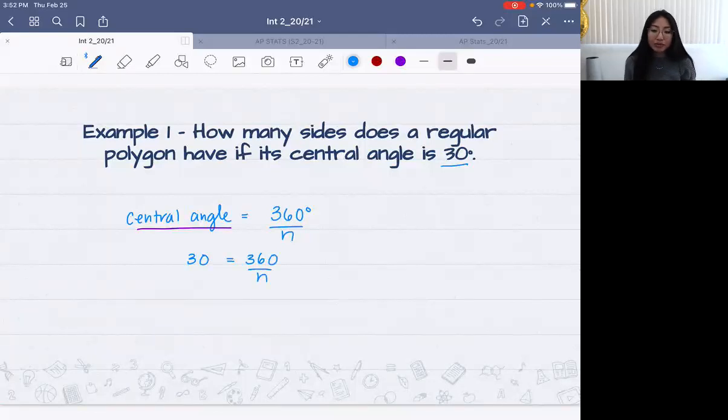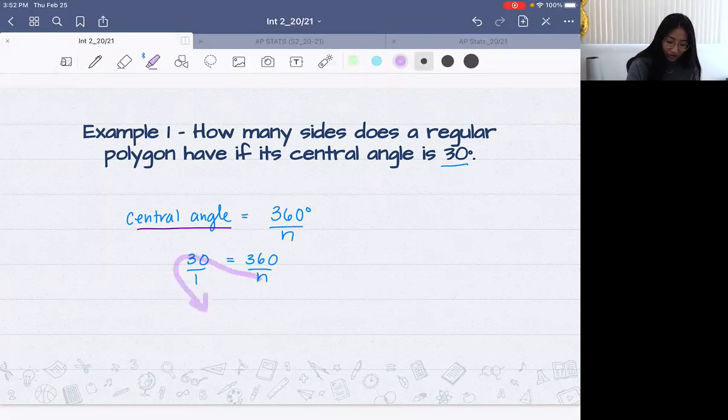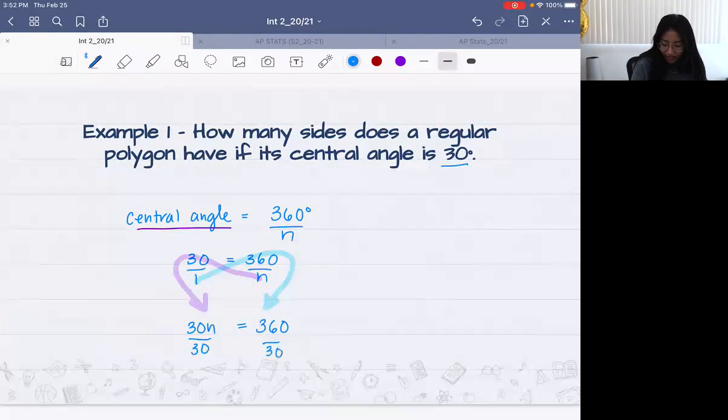Now we're getting a little bit closer to figuring out n, because if you take a look at the fraction on the right side, you can also make a fraction on the left side and then do something that we call cross multiplication, which we are now proficient at. So we have 30n on this side, and then it should equal 360, and then divide by 30 so that we can get n by itself.